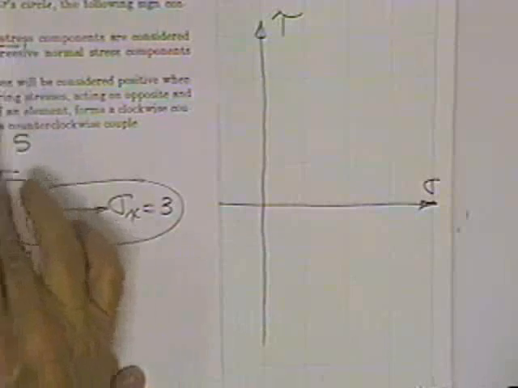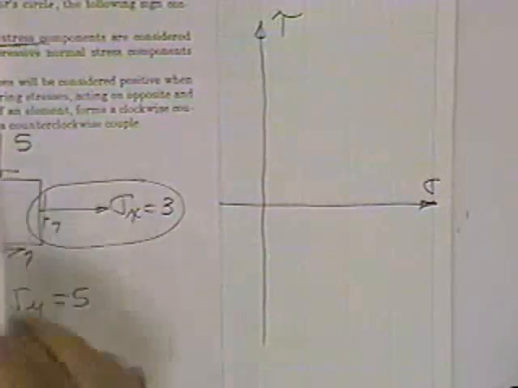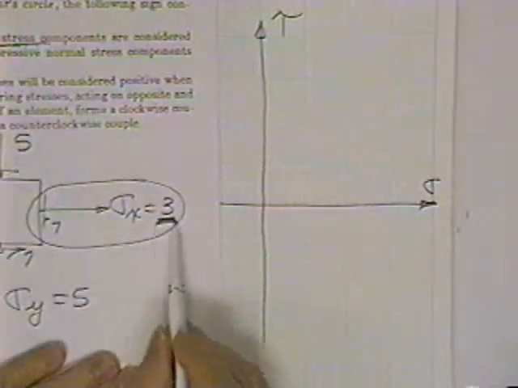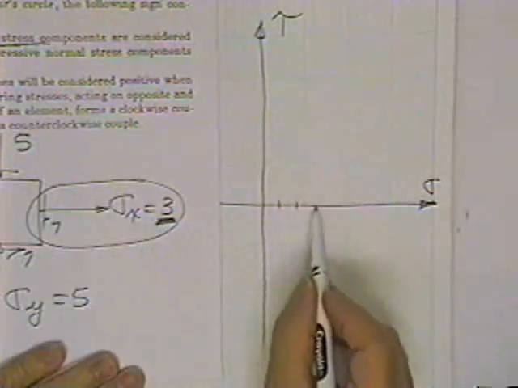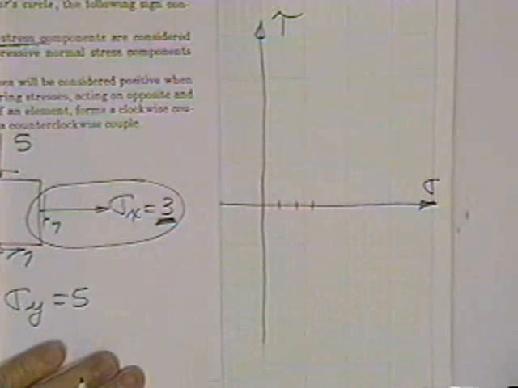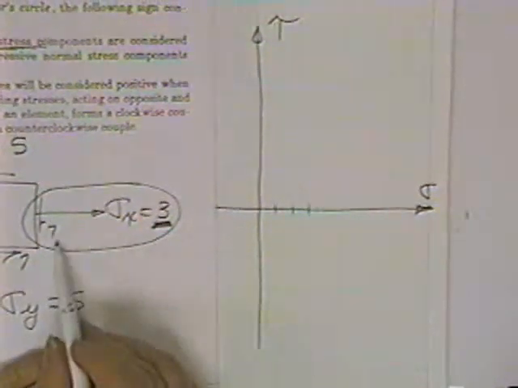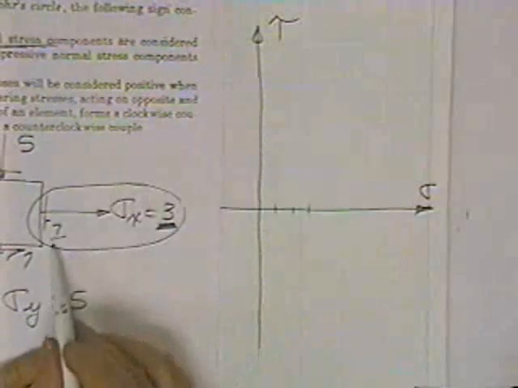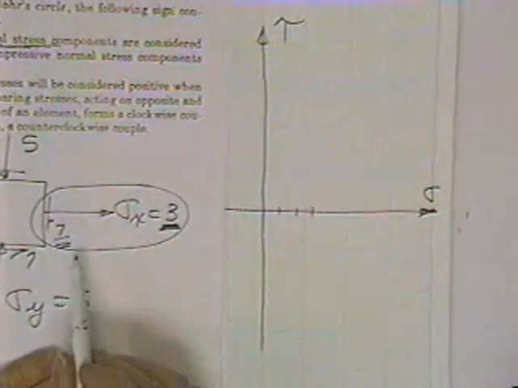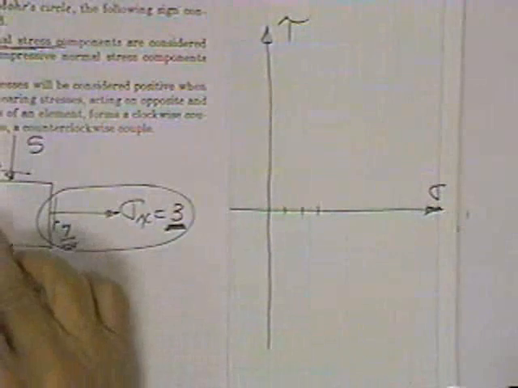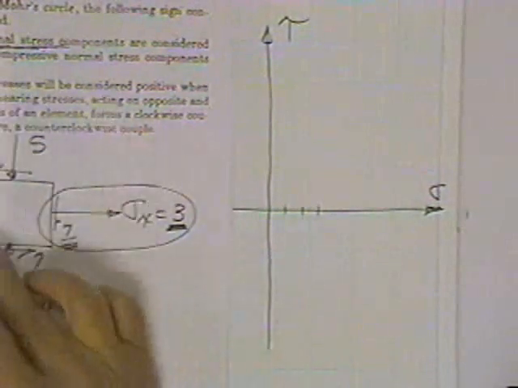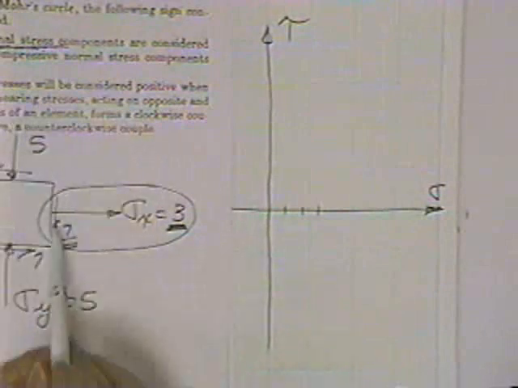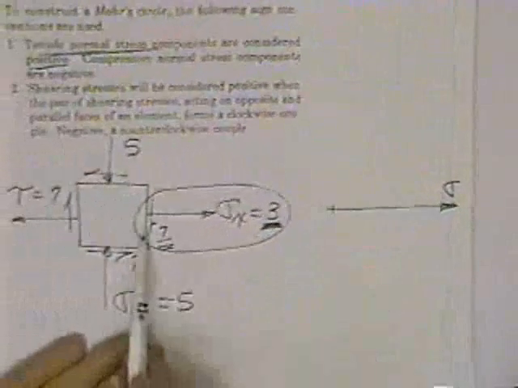Tension sigmas are positive, so this is a positive number. So I go 1, 2, 3 divisions to the right. Then the tau value is 7. So now I've got to find out the sign. Shear stresses are positive when the pair acting on the opposite and parallel faces form a clockwise couple. Well, look at these guys.